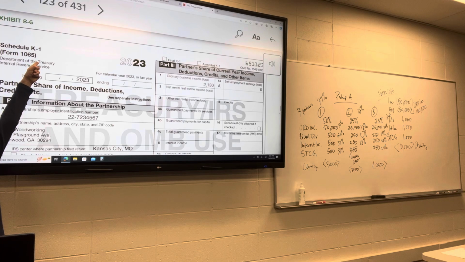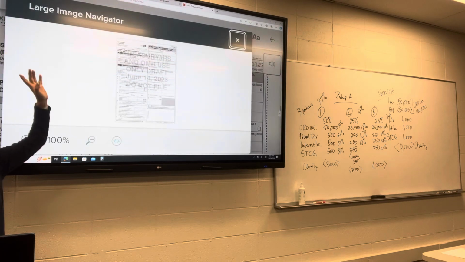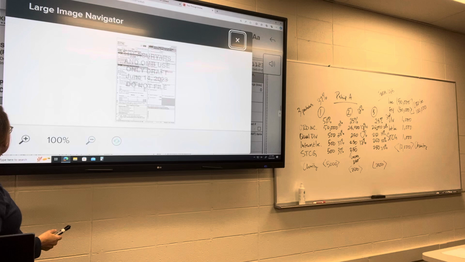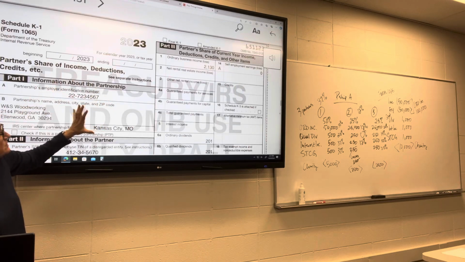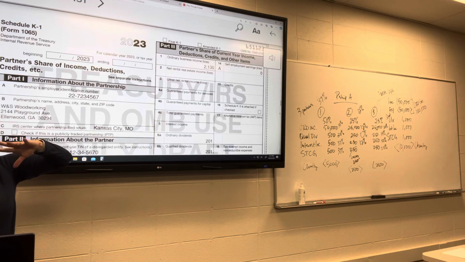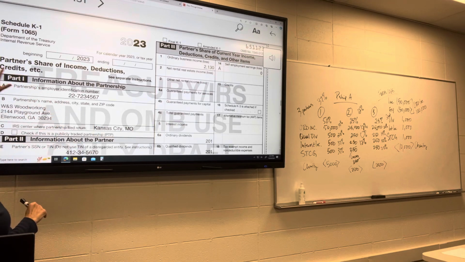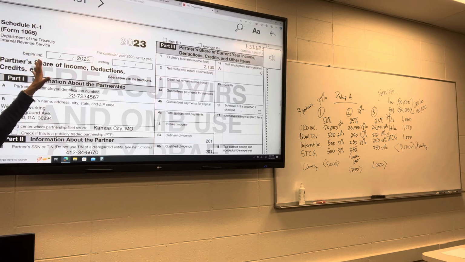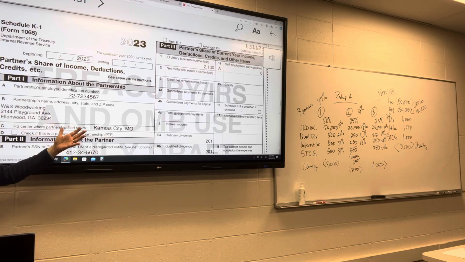Form 1065, right up here. S corporations have a different form. It looks very much the same, very similar, a few little differences because there's a few peculiarities between partnerships and S corps. But S corps have their own K1, estates have their own K1, trusts have their own K1. Any pass-through entity has their own K1.